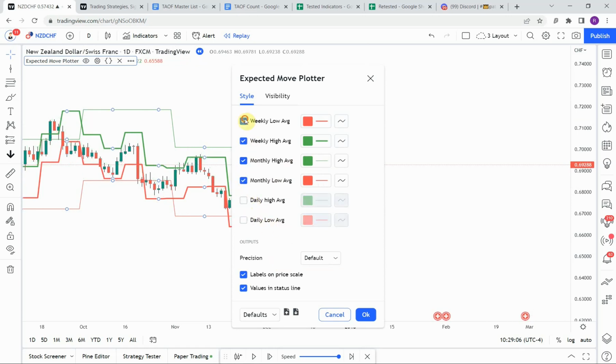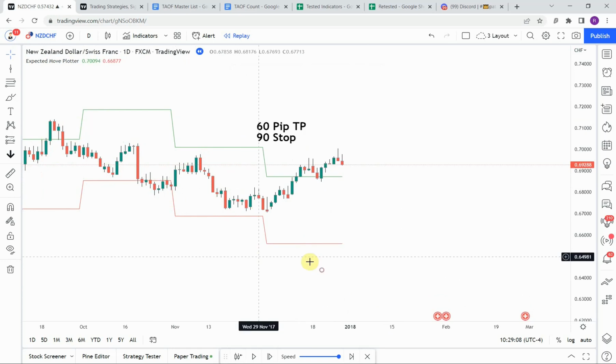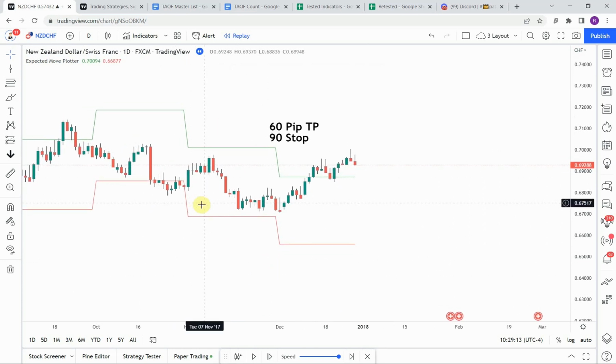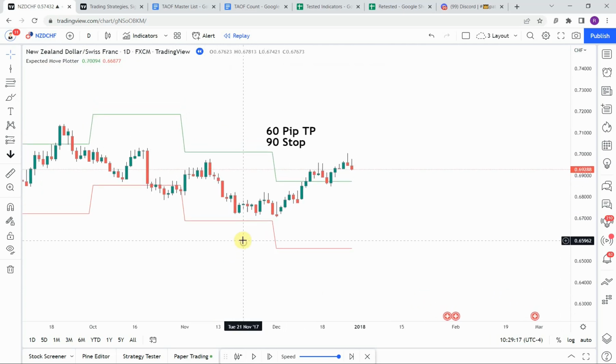And so we had turned those off and was just working off of the monthly areas of support and resistance here indicated by these lines. And what we did was we looked for the price action break of these areas. So if it broke above the green line, we went long. If it broke below the red line, we went short.